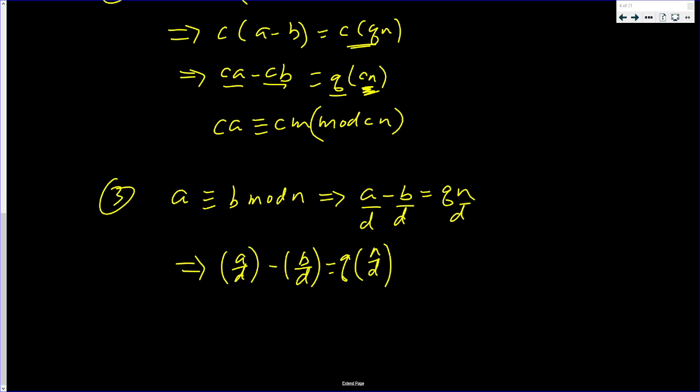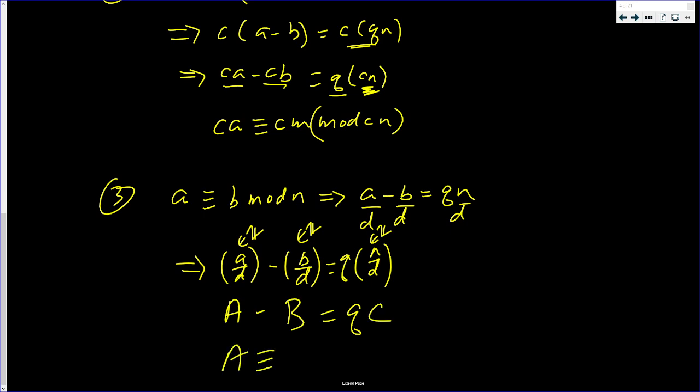But they're telling us d divides A. That is, this is an integer. d divides B. That's an integer. They told us d divides n. That's an integer. So now we have one integer minus another integer is Q times an integer.